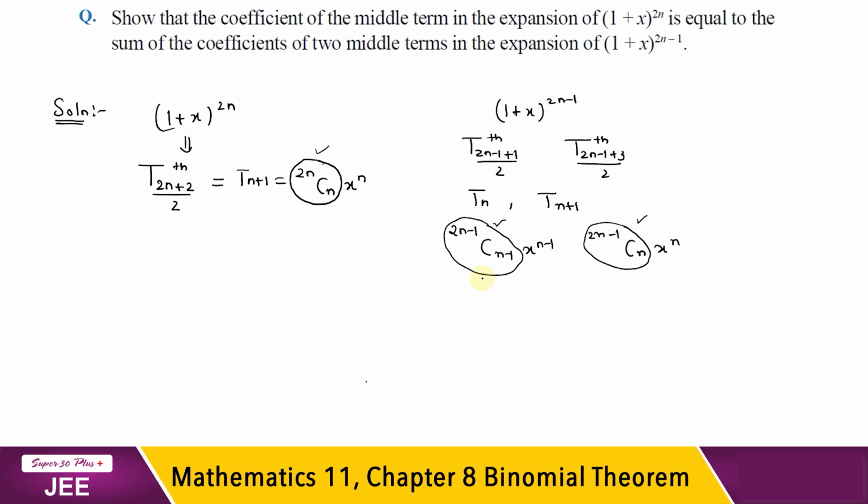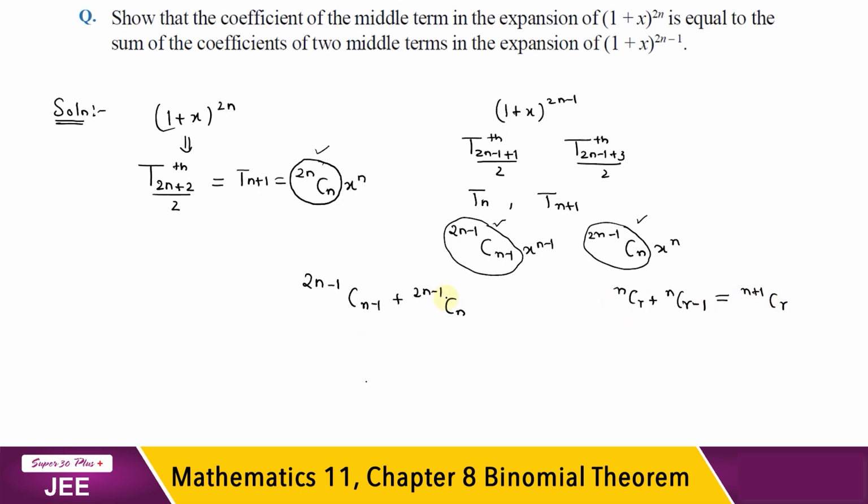So once we add these two coefficients, we are going to get (2n minus 1)C(n minus 1) plus (2n minus 1)Cn. Now they are following the property of nCr plus nC(r minus 1). If we call this r, this becomes r minus 1. So nCr plus nC(r minus 1) is equal to (n plus 1)Cr.